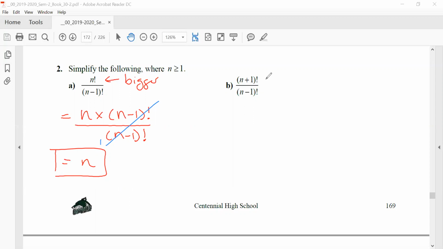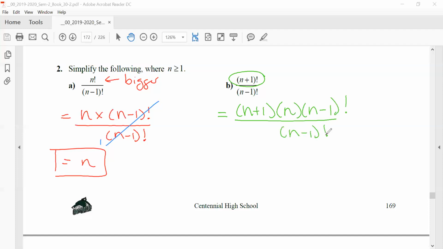Okay, next question, B. Which one's bigger? N plus 1 has to be bigger. So I'm going to expand the bigger. So I subtract 1 each time. N plus 1 subtract 1 is n. N subtract 1 is n minus 1. And I stop right there because that's what I see in my denominator.